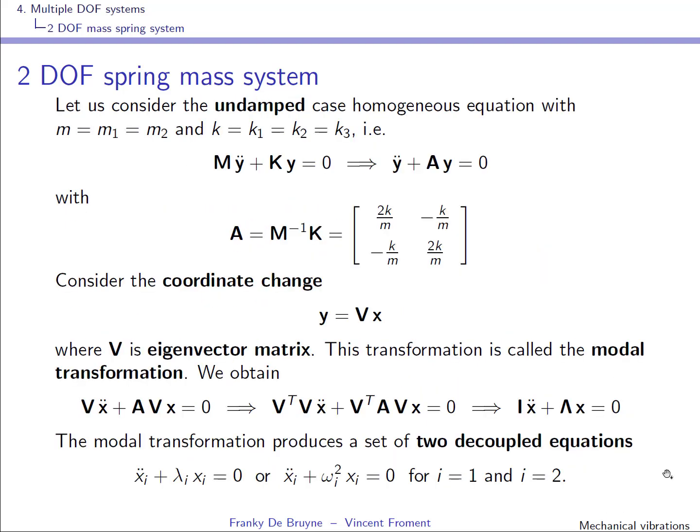Okay, so remember that we had taken a simplified example which was undamped, and where all masses were equal and all stiffnesses were equal. We hadn't written it like that. If you multiply the matrix by the inverse of m, you can also write it like this, right?